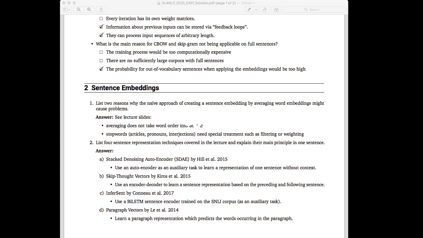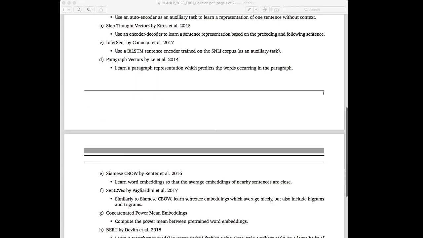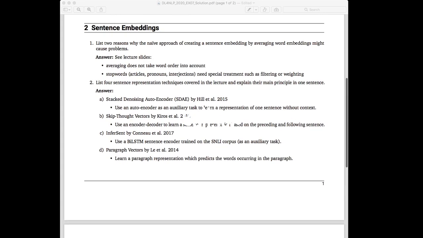Okay, then the next question is to list four sentence representation techniques covered in the lecture and explain them. In general, we can get sentence embeddings either from sentence encoders or word embedding conversions. But as we discussed, the word embedding conversion is quite tricky, because the averaging operation is not a reliable solution.